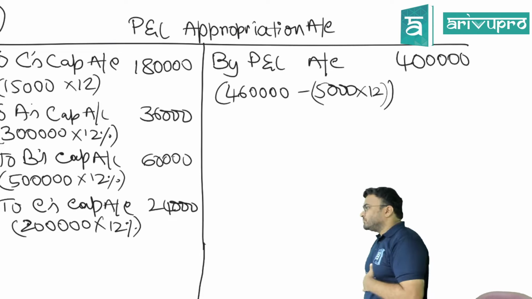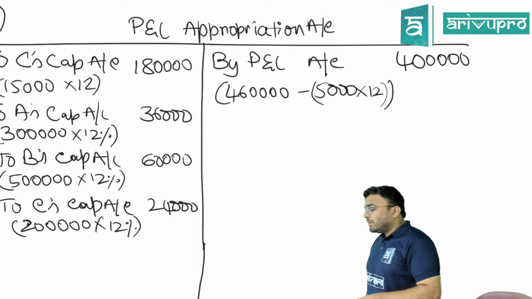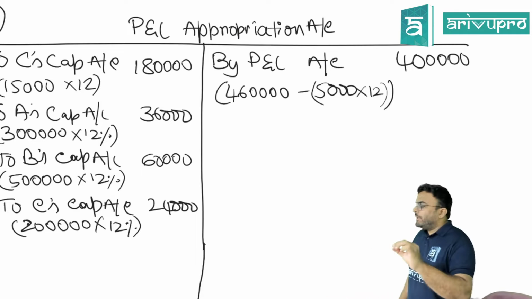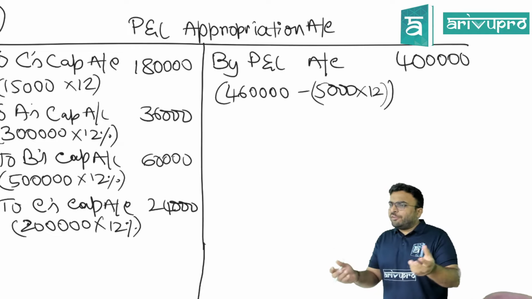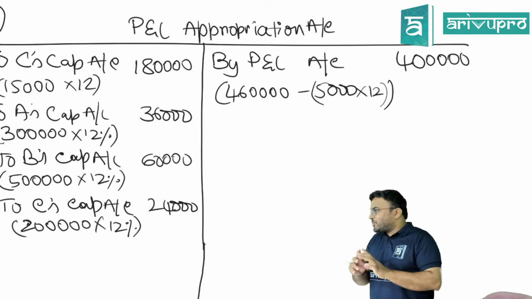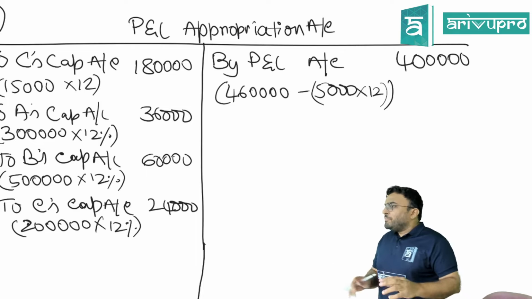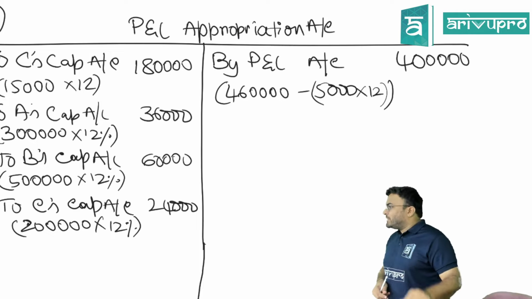They have to deduct that in the P&L already, right? Rent. No, not like that. See, rent paid to partner, rent is an expense. Now, you might take the building from an outsider, you might take the building from a partner. You have to pay rent. Rent is an expense only. It has nothing to do with the appropriation of profit. Clear? Now, what happened over here? Instead of passing that to rent, they have taken it as drawings.